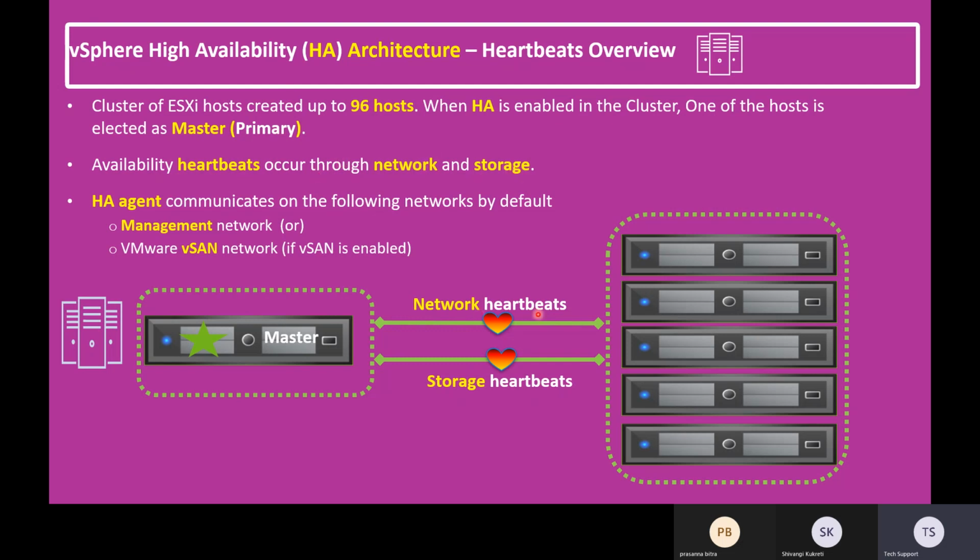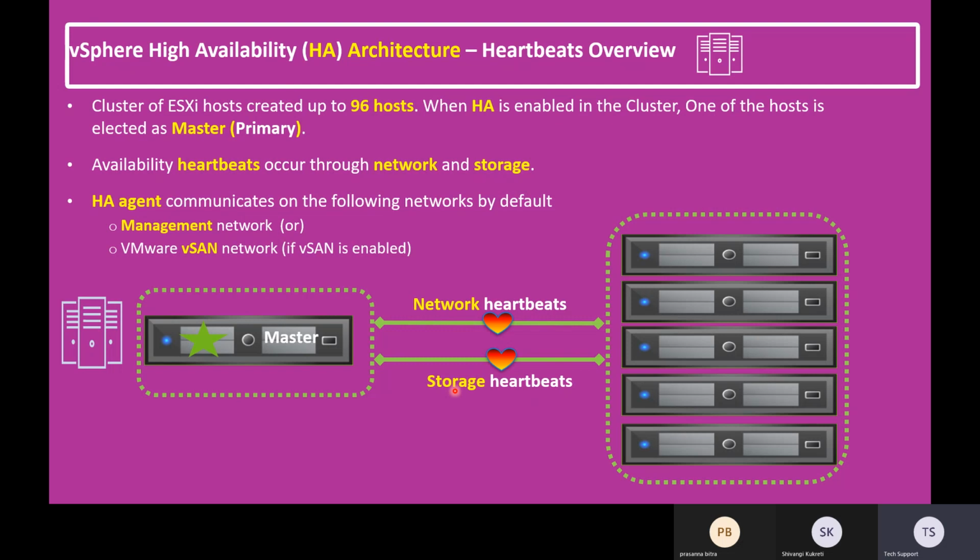Two networks are available: the normal management network and a storage-level heartbeat. HA agent communication uses the following networks by default: the management network, or in some scenarios, if vSAN is enabled, it will also use the VMware Virtual SAN network. VMware Virtual SAN relates to the storage heartbeat.